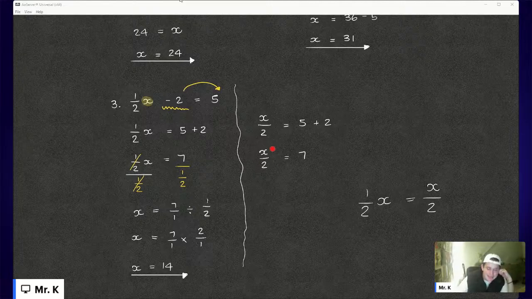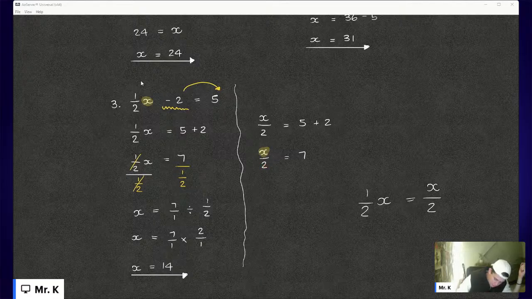So on the right-hand side over here, I'm doing exactly the same example, but just showing you a different approach that you can take. So if I now have x divided by 2 is equal to 7, how do I get rid of the effect of the 2 that is dividing my x? I would have to multiply by 2, right?